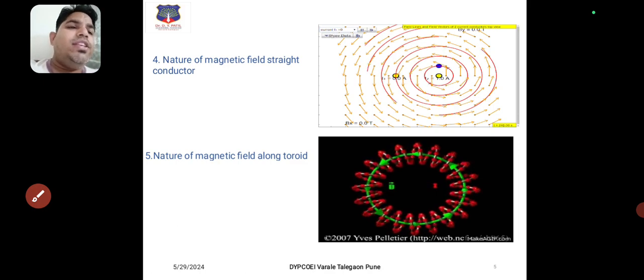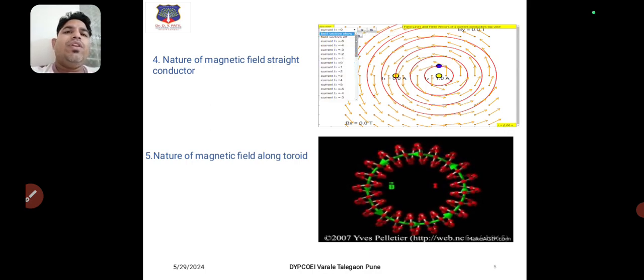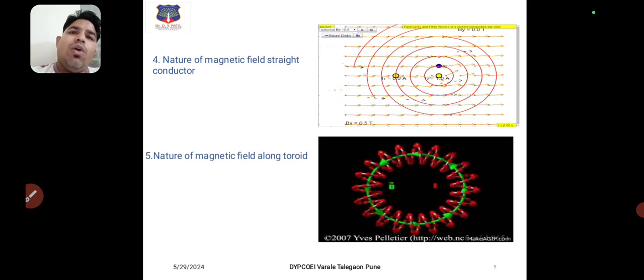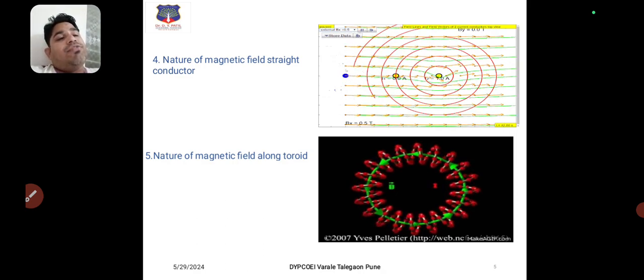The next point is the nature of magnetic field along the toroid. We take one circular core and wind a wire around it. It's called a toroid. When the supply is fed to it, magnetic flux is generated in a circular form.